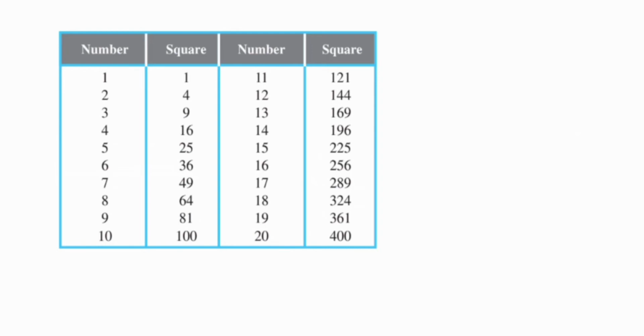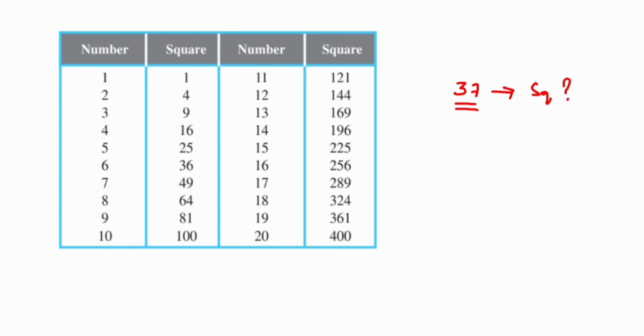Here if you observe, 1 square is 1, 2 square is 4, 3 square is 9, and so on. 10 square is 100. Now, if I ask you, is 37 a square of any number or not? If you observe here, 37 is not a square.